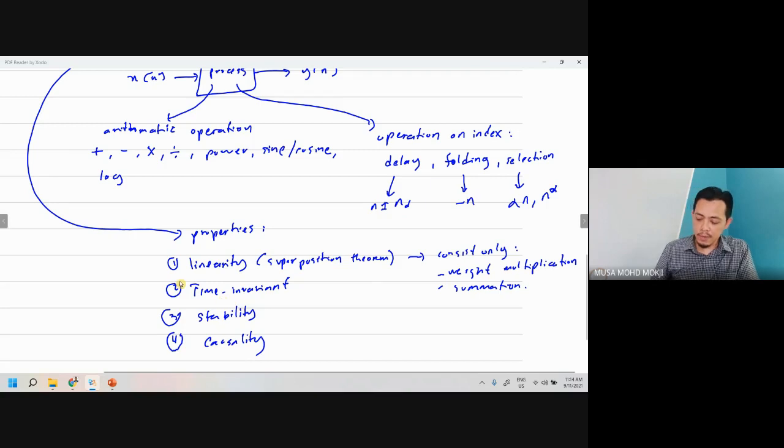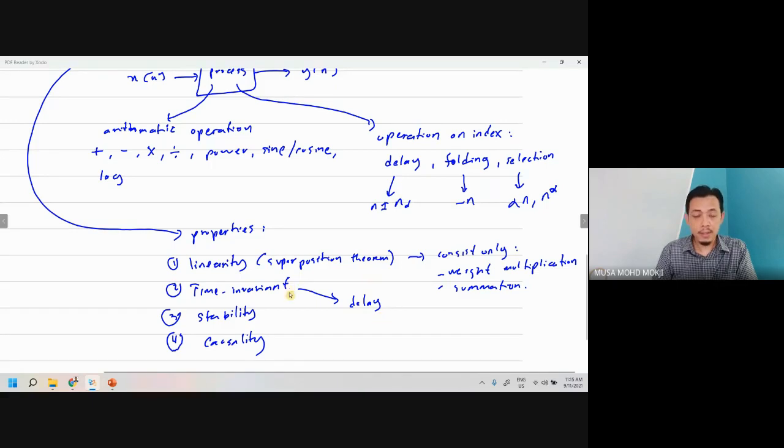And then for time invariant, if the system is time invariant, we should only have a delay. So it only consists of delay, not this one, not this one. Then we will have a time invariant system.